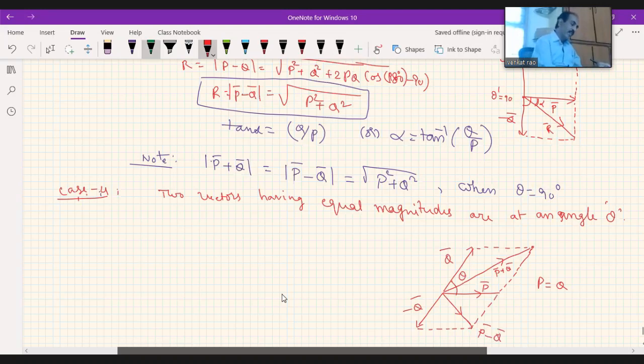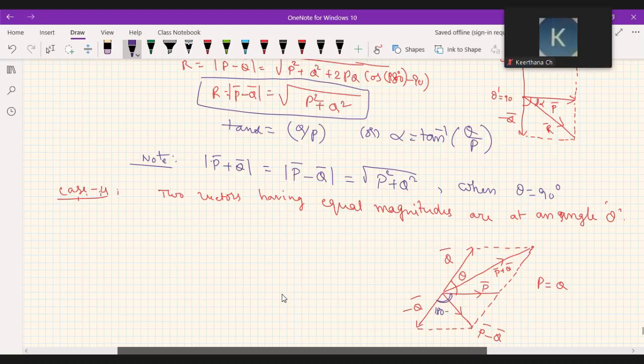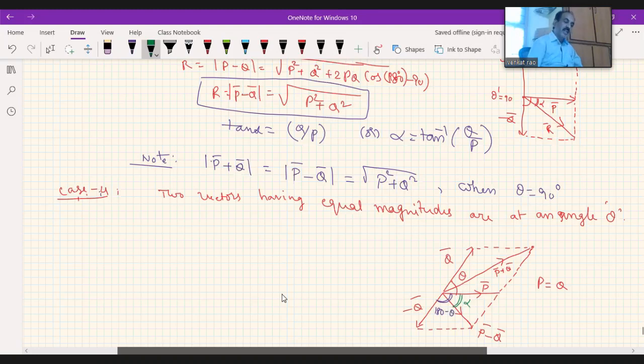So what is the angle between the vectors? This angle is 180 minus theta, and this is alpha. Remaining is beta. So you can adopt the same procedure.